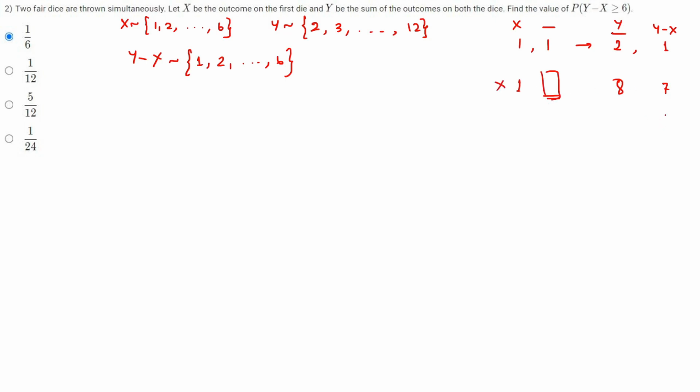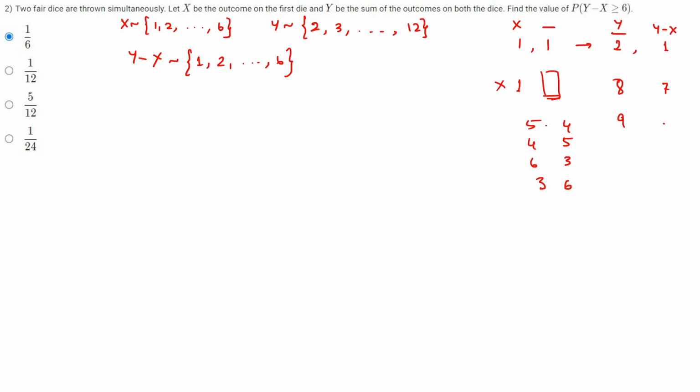Let's go for 9. What are the different possible ways that we can get 9 here? We can have 5 4 or 4 5, 6 3 or 3 6. Is there any other case? No, that's it. So in any of these ways, we cannot have 7 or any number greater than 6 here.